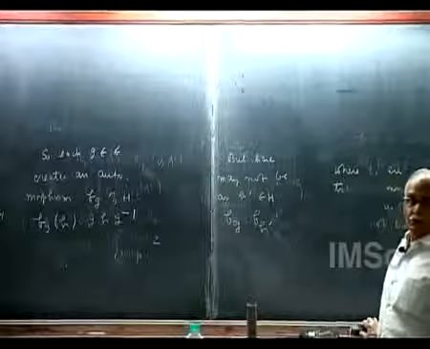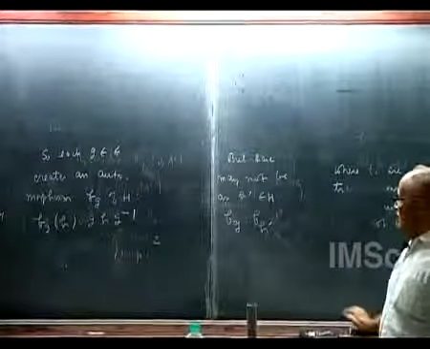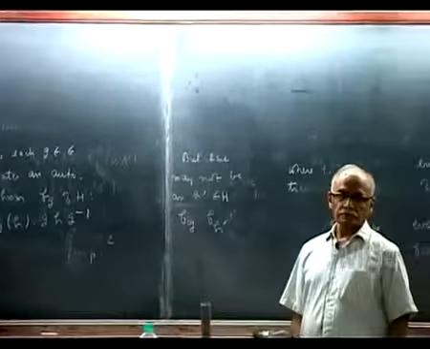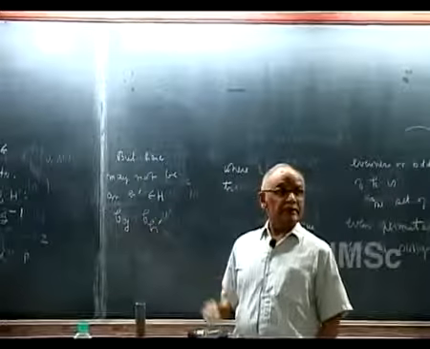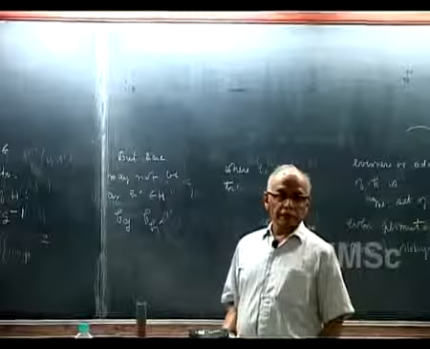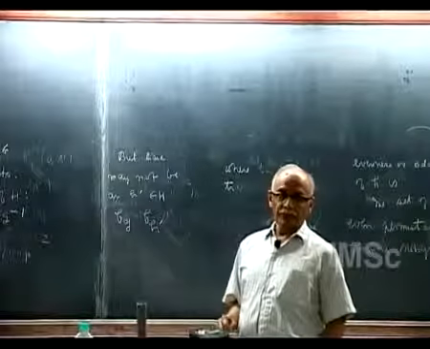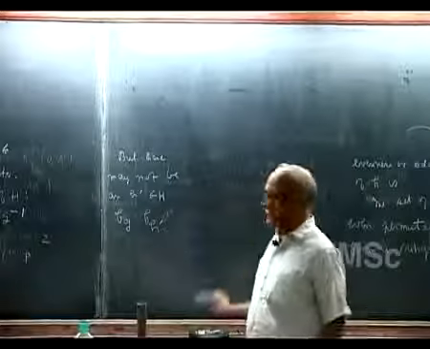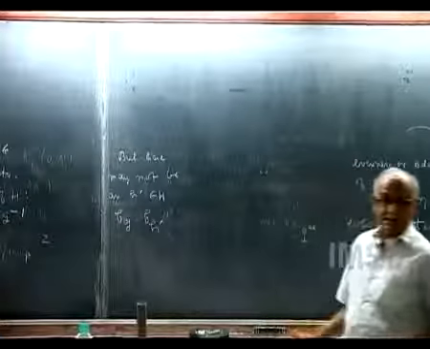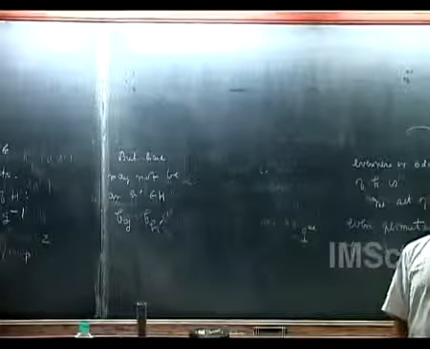G is any element of the group, and it may be that there is no H prime like this. So these automorphisms can be non-trivial. In fact, in many cases it is not trivial.